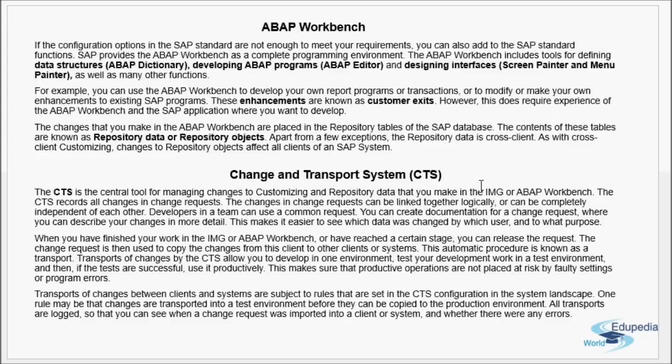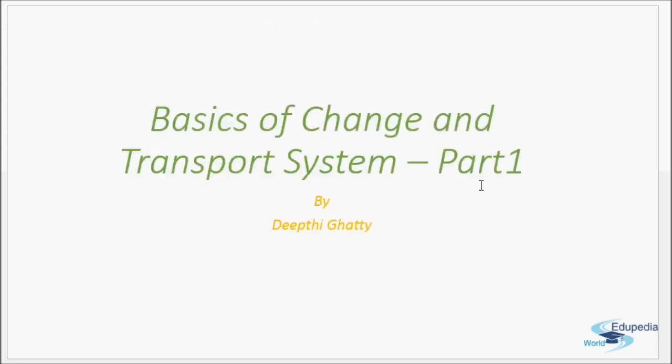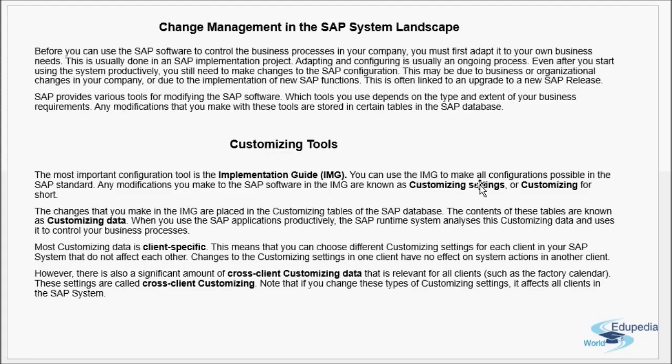This is the first video about the basics of the change and transport system. We started with change management, then customizing: the changes to the IMG, the implementation guide, the standard SAP software, is known as customizing data.